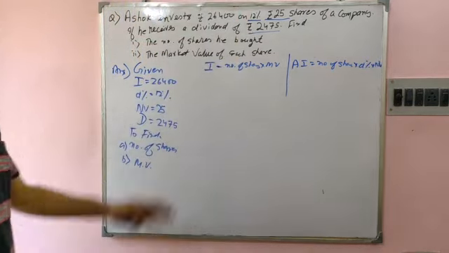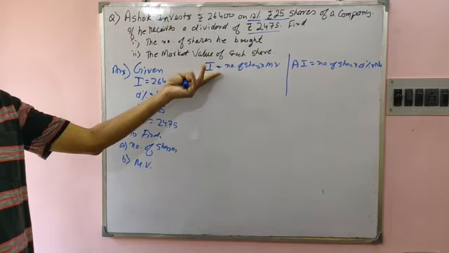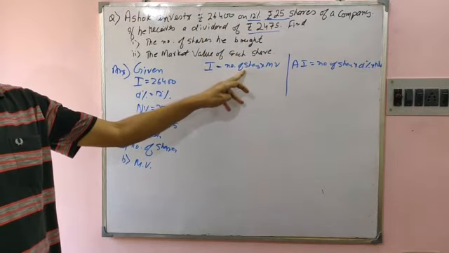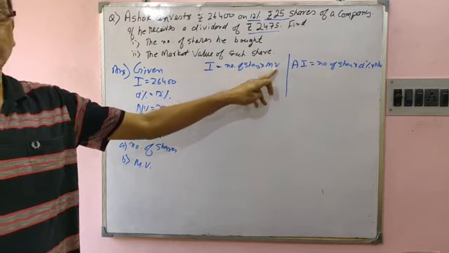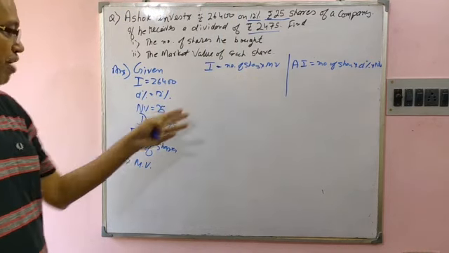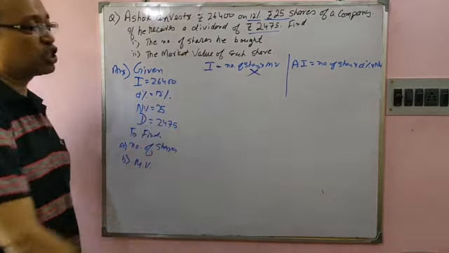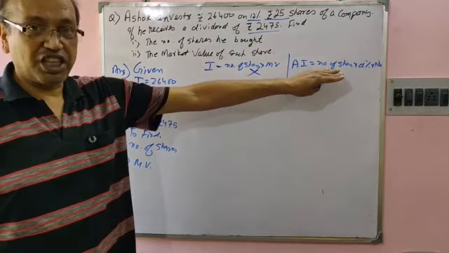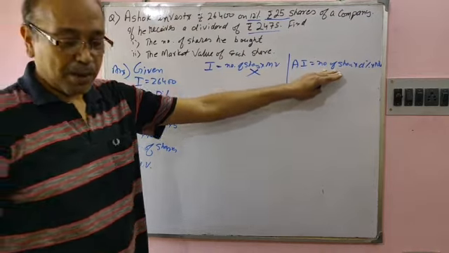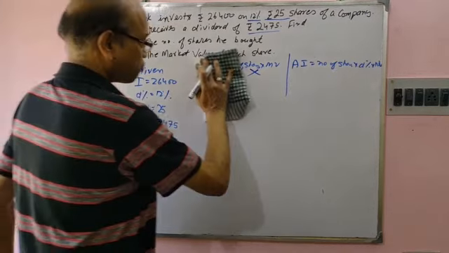From here I cannot use the first formula because we do not know the market value, we have to find the market value. Therefore, I cannot find the number of shares from this formula. We'll have to use the other formula to find the number of shares.